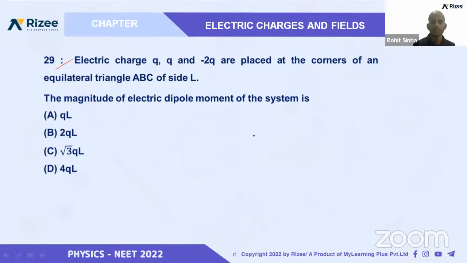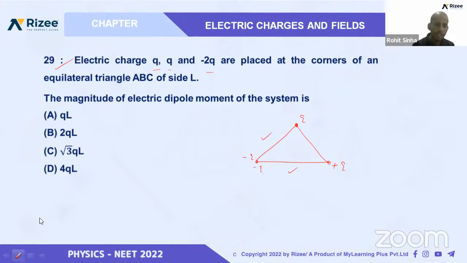So see, let us see how it is solved. It is telling that electric charges plus Q and minus Q are placed at the corners of an equilateral triangle. Plus Q, minus Q, and here minus 2Q. This minus Q and plus Q will make one dipole and this will make another dipole.